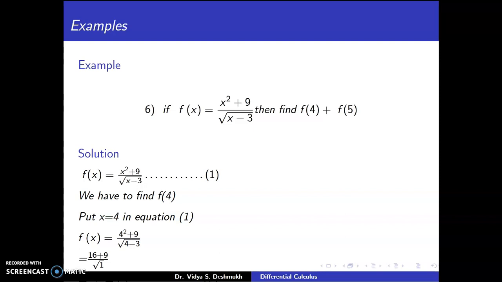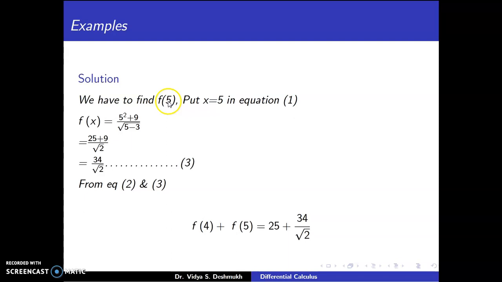We have to find here f of 4 first of all. So put x is equals to 4 in equation 1. Then f of 4 is equals to 4 square plus 9 upon under the root of 4 minus 3. And this is nothing but 16 plus 9 upon root 1.